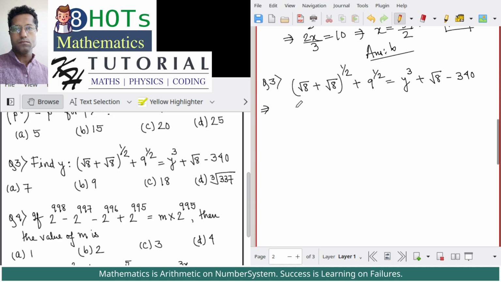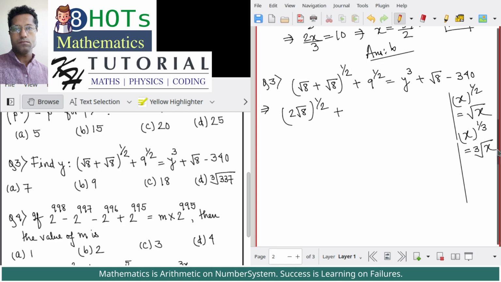So this is 2 times root 8, whole to the power half, plus 9 to the power half. The power of half means square root. And also know that power of 1 by 3 is nothing but cube root.